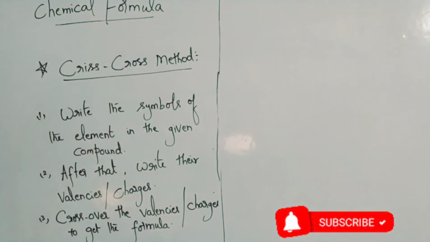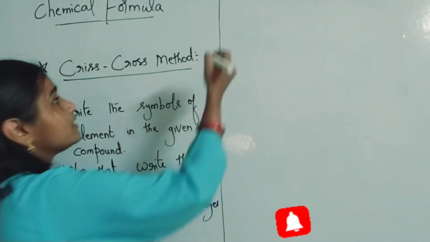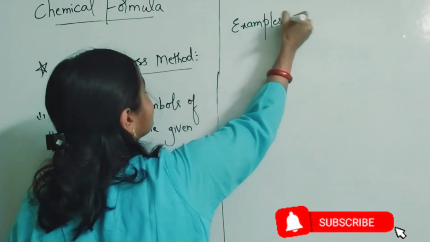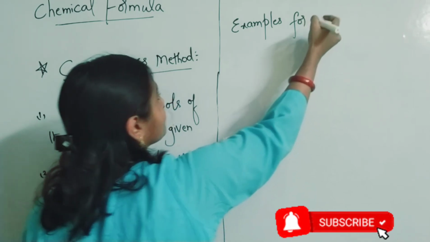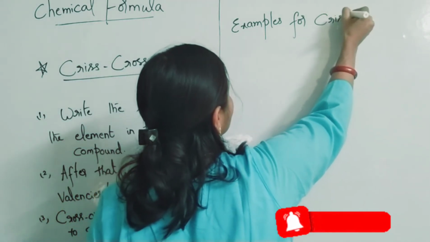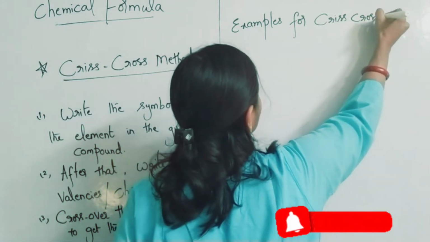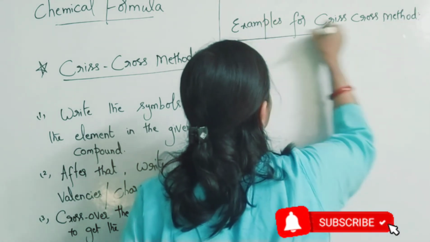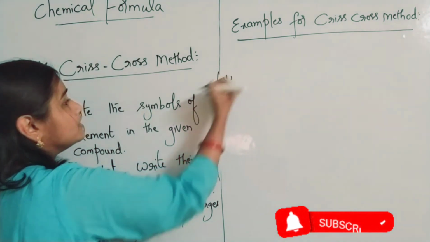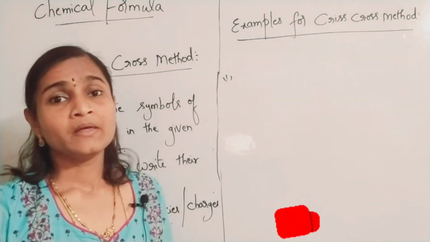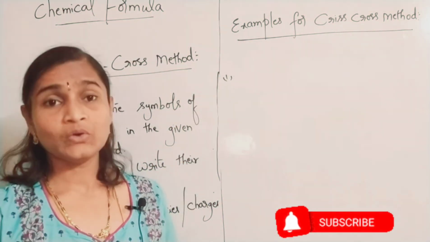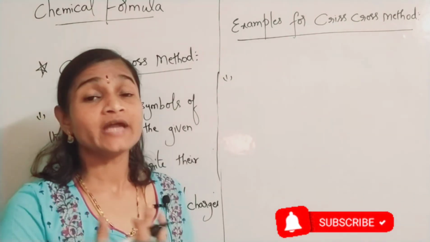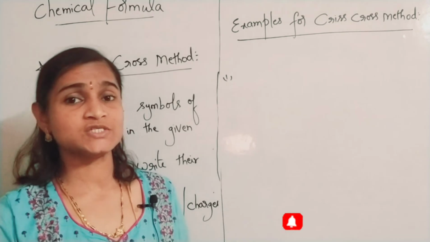Let us see some examples for the crisscross method. First we'll go for the known examples, and then we'll deal with different types of compounds which are unknown to us also.